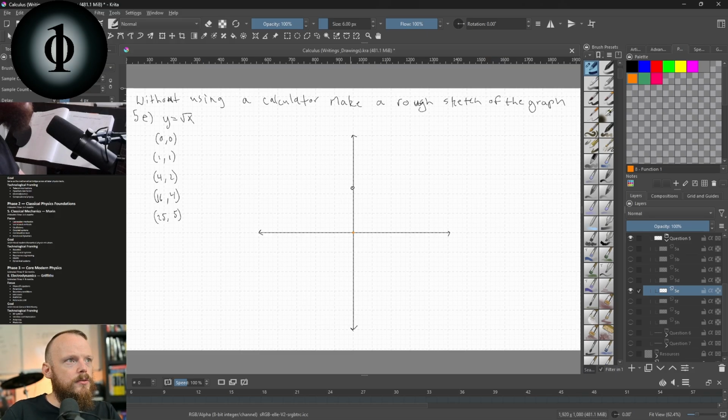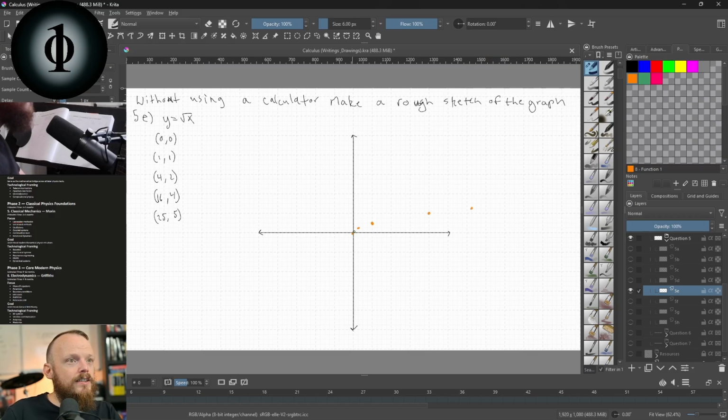So we got a 0, 0, 1, 1. It's the one thing I don't like about the stabilizer. 4, 2, 16, 4, and then 25, 5.